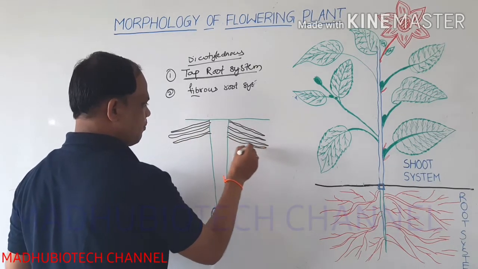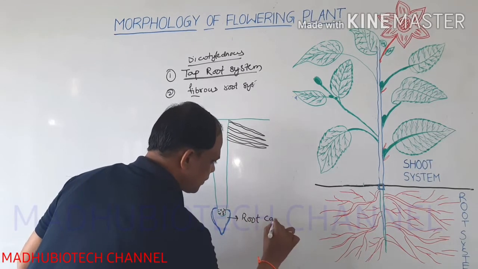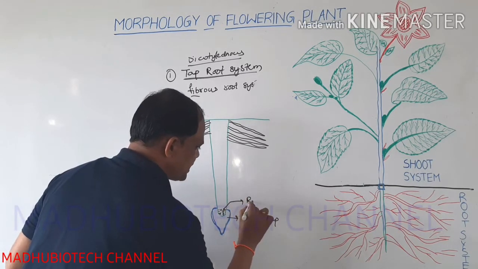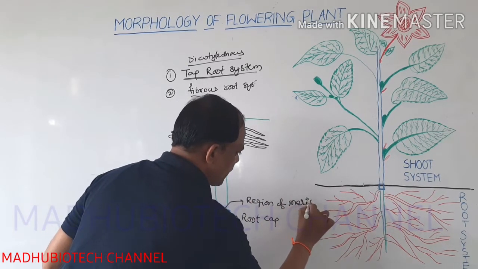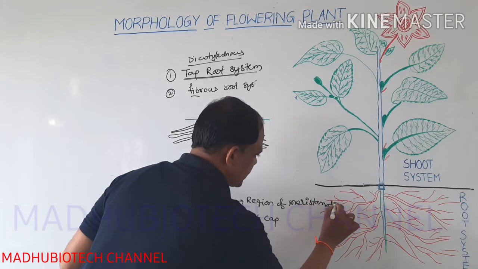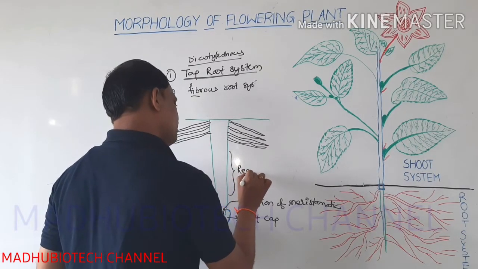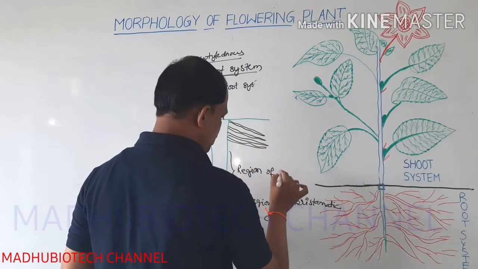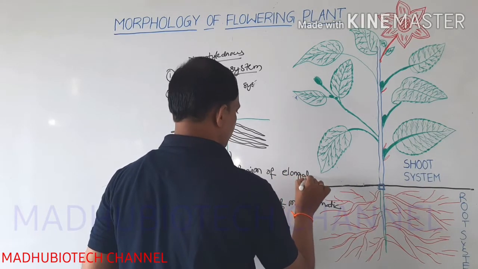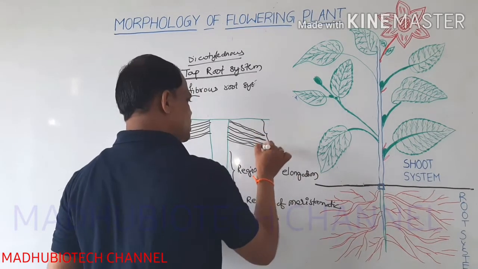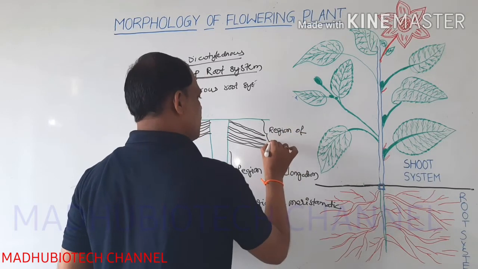This is also called the root cap, and this is the region of meristematic, this is the region of elongation, and this is also called the region of maturation.